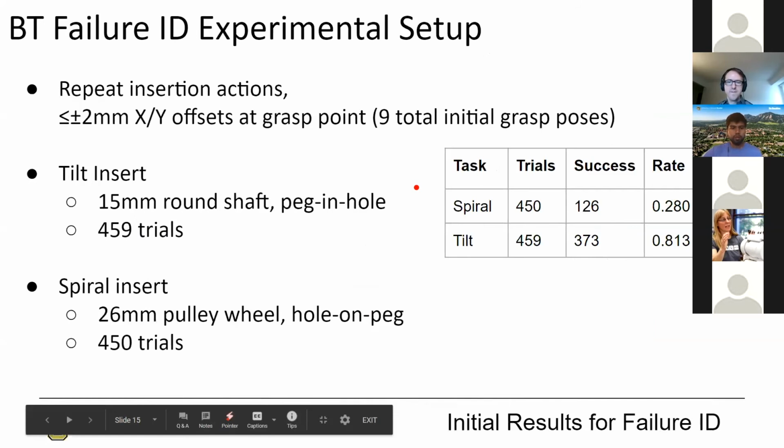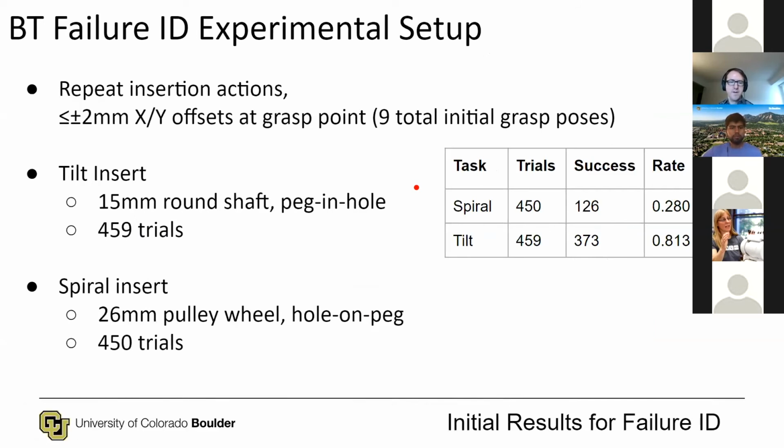So in our most recent experiment, we repeat the spiral insert and the tilt insert many times to achieve the goal of finding the features for a successful versus a failed attempt. We observed that the lighting conditions and the relative camera location changed the system estimate of the part positions by several millimeters.